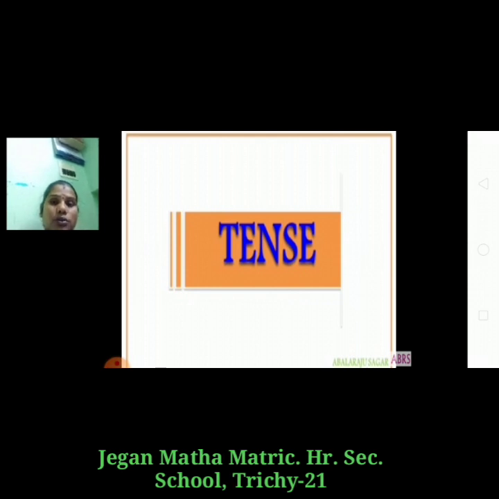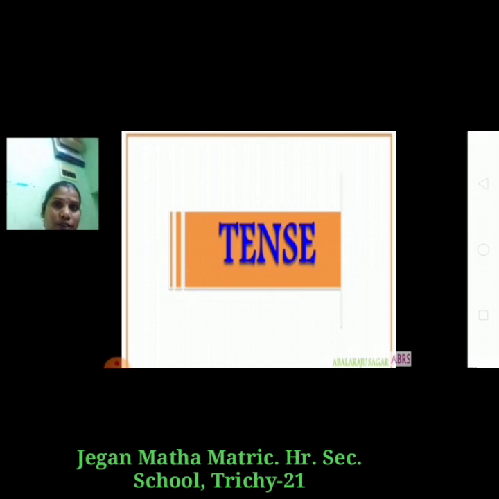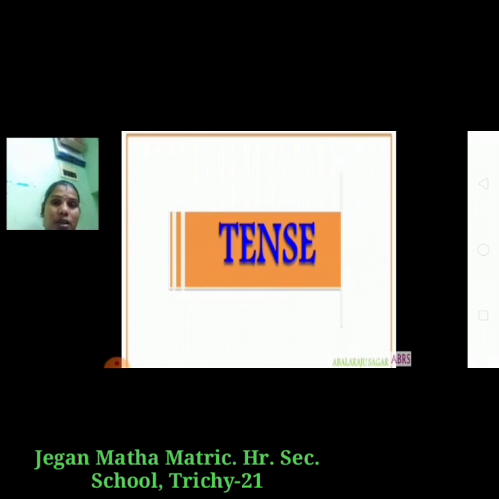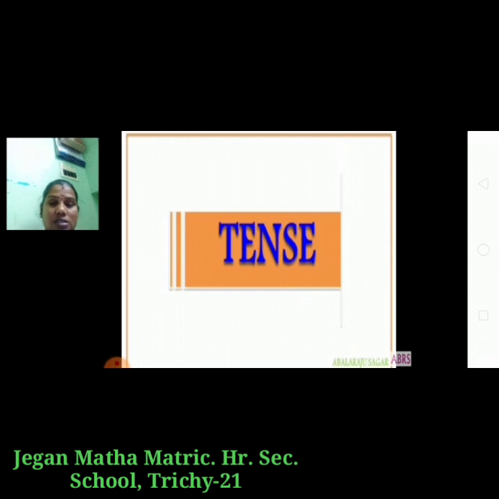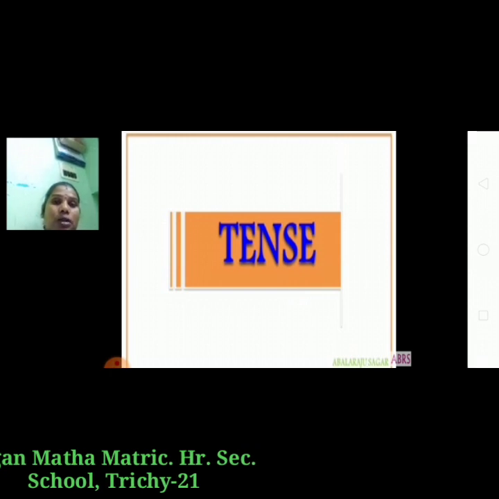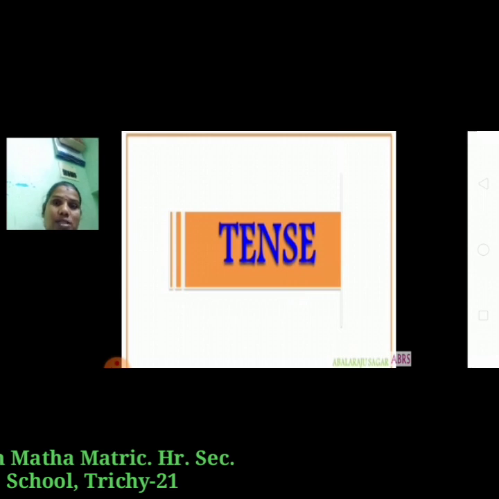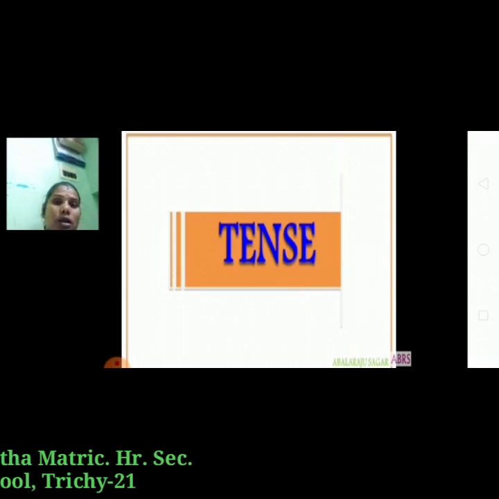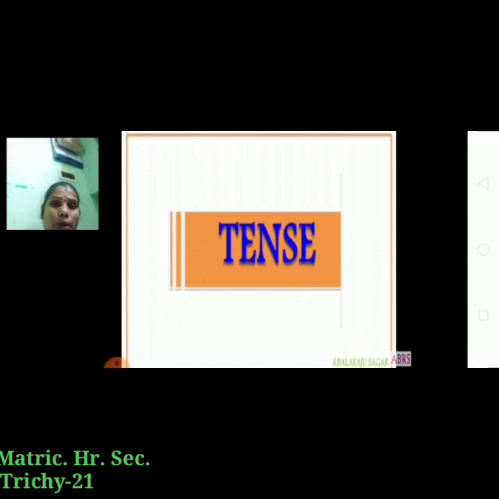Now we are going to see past perfect and past perfect continuous. Once again I want to explain what is tense, what are the types, and what is simple past and past continuous. After that I will go to past perfect and past perfect continuous. Okay students, shall we move?